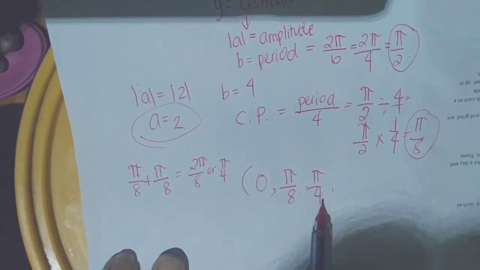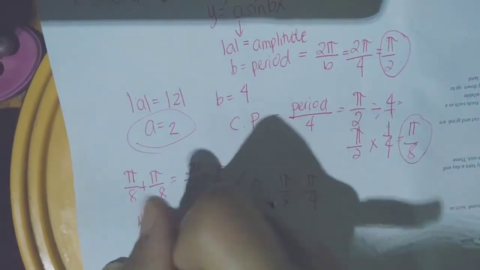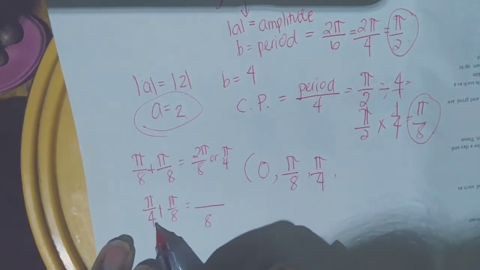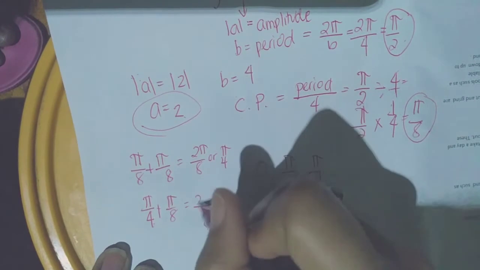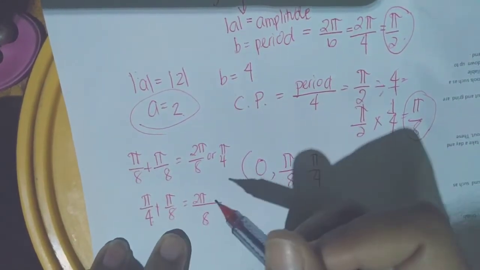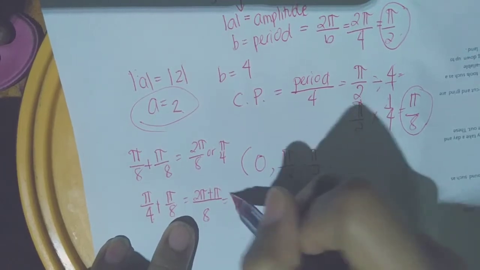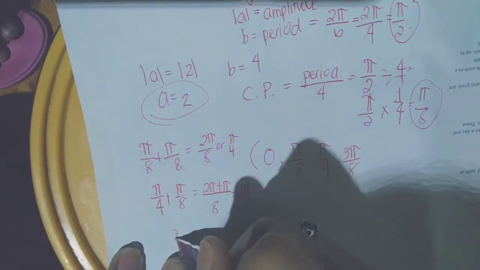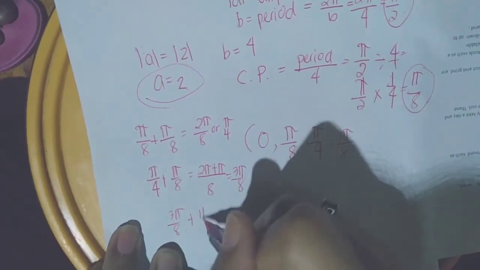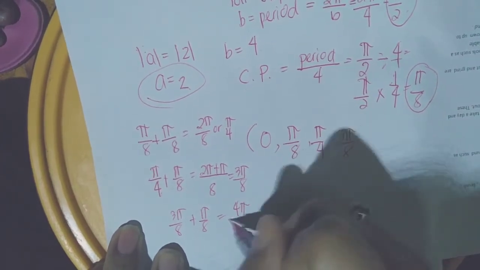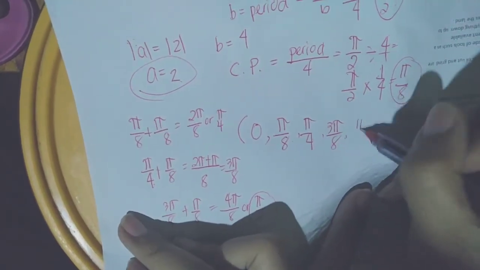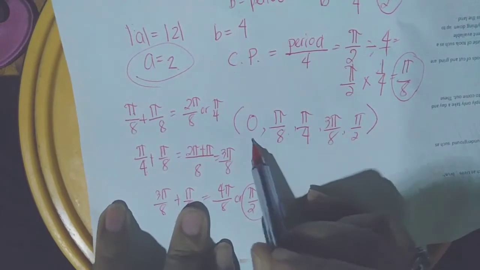Next, from pi over 4, we add pi over 8, which gives 3 pi over 8. Then 3 pi over 8 plus pi over 8 is 4 pi over 8, or pi over 2. So these are the critical points that we will graph.